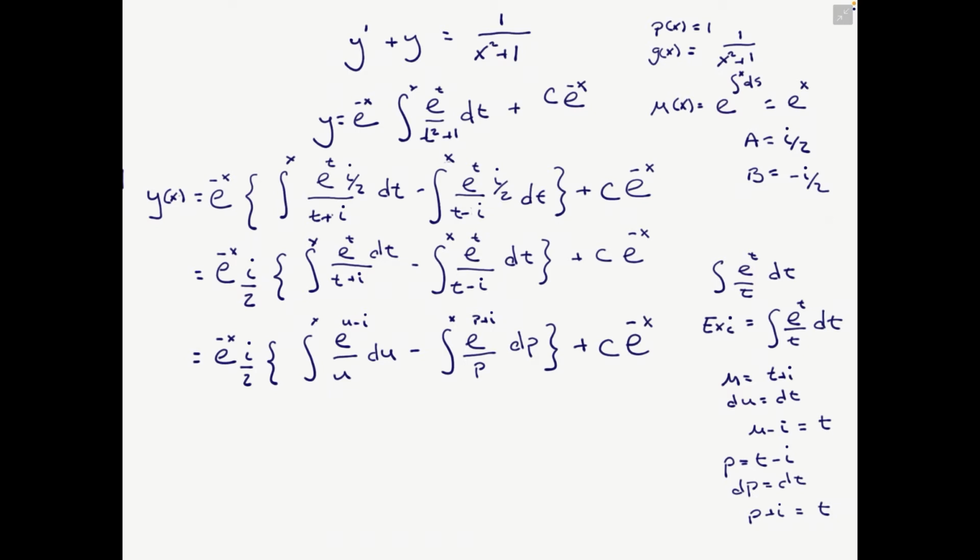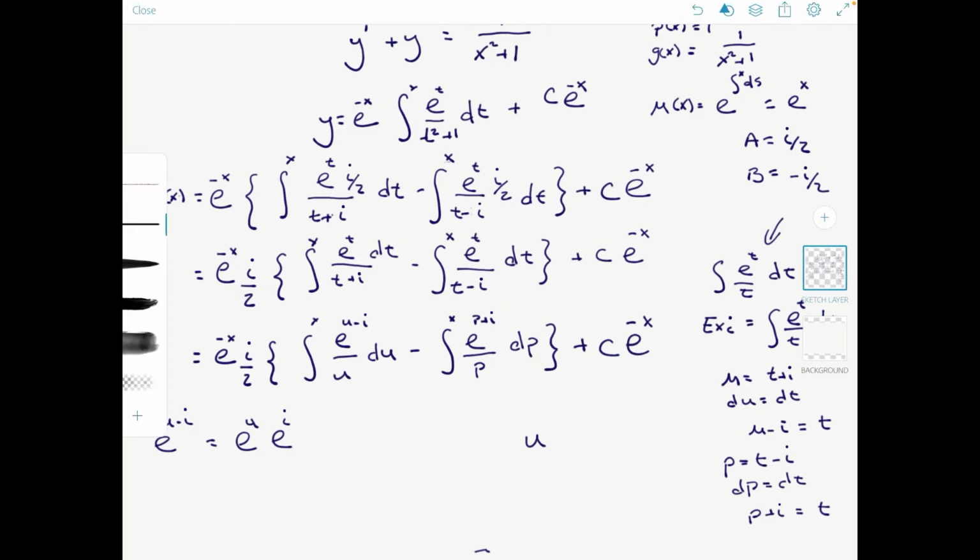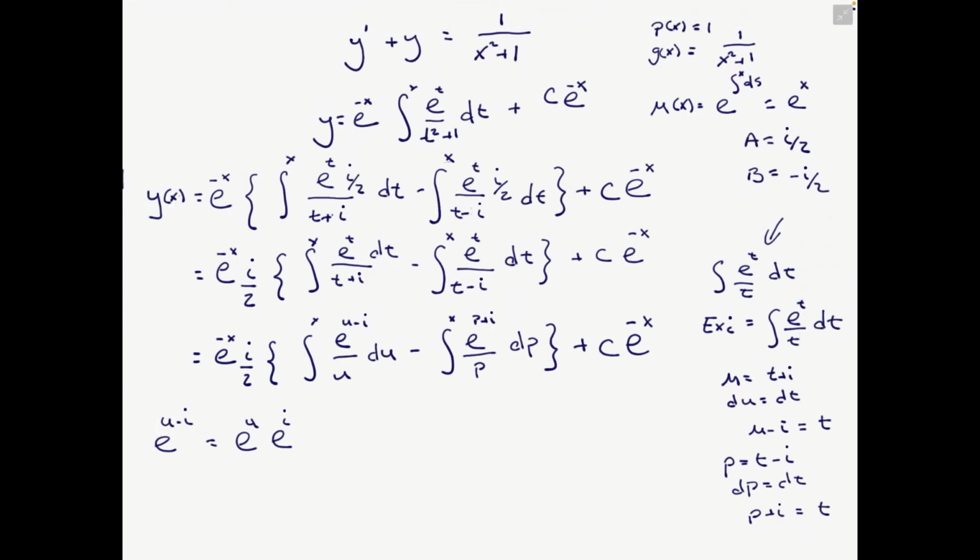Now, what we have here is something a little bit more easily integratable, because e to the u minus I is equal to e to the u times e to the I. And u is the variable, so e to the I is some value.